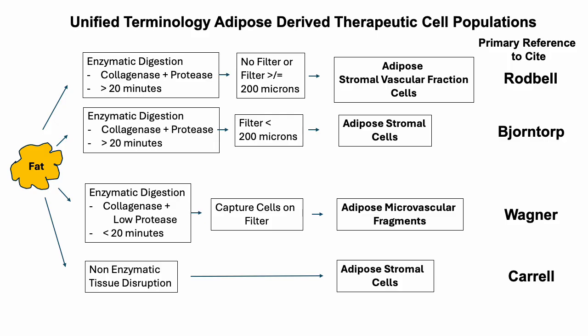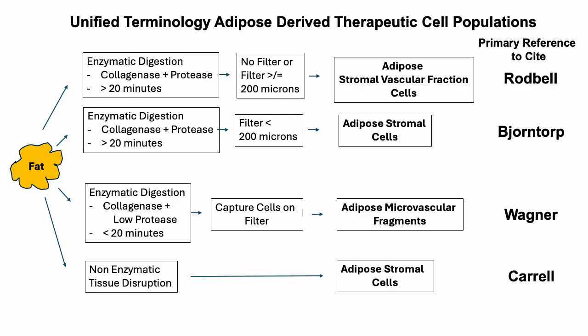If you use this filtration, or no filtration, it results in an adipose stromal vascular fraction cell population, and gives Rodbell the primary reference to the method that is used.